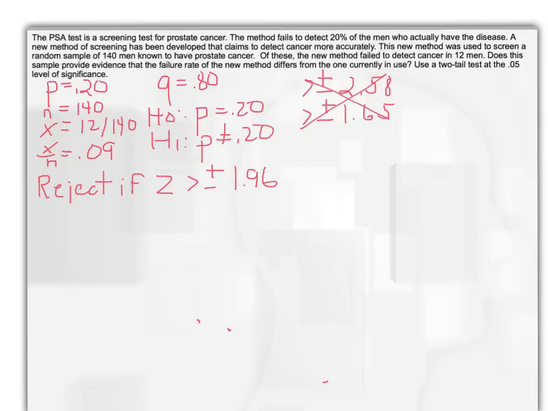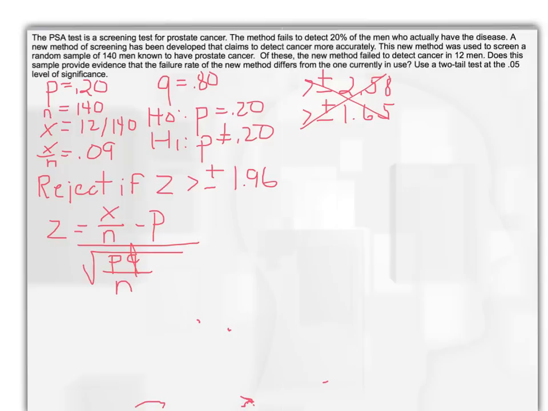We're going to use the z-test. Our formula says take the sample proportion, subtract from it the population proportion, as stated in our null hypothesis, and divide by the standard error of the proportion, which is the square root of population proportion times its complement divided by n.